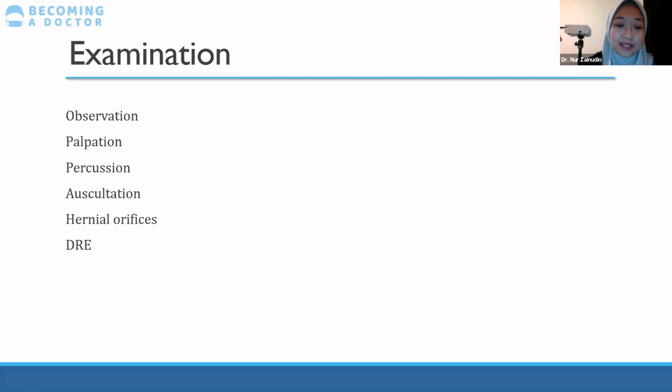So some surgeons are advocates for rectal examination, and they do it for everyone regardless of what they came in with. Some don't, but if there are any reasons to suspect any, especially lower rectal problems, then a rectal examination is very, very important.